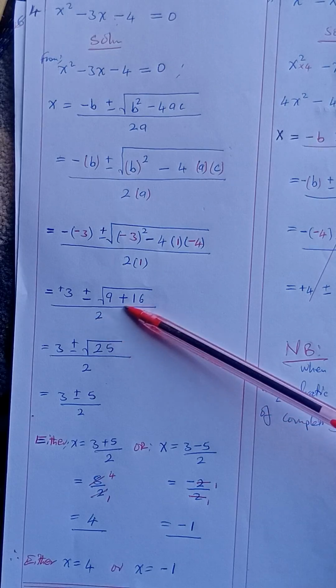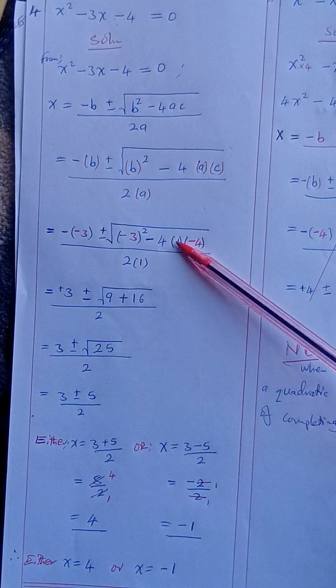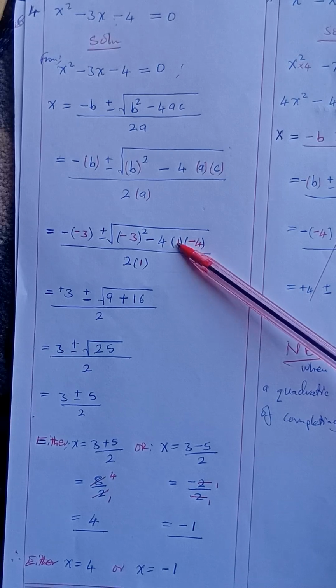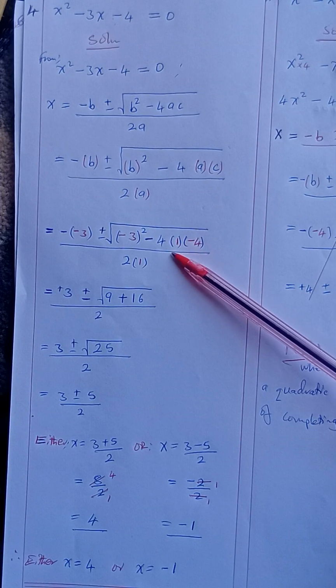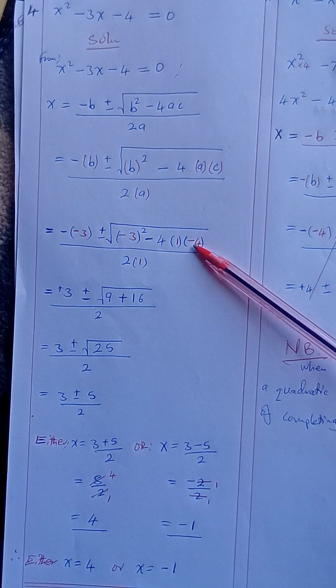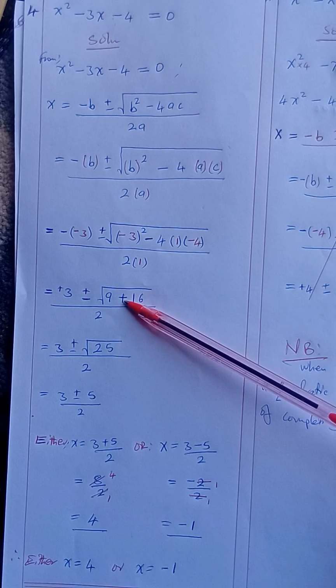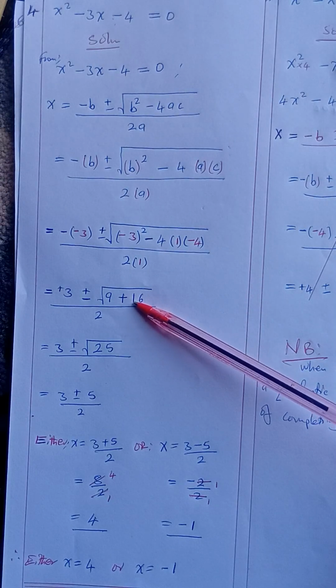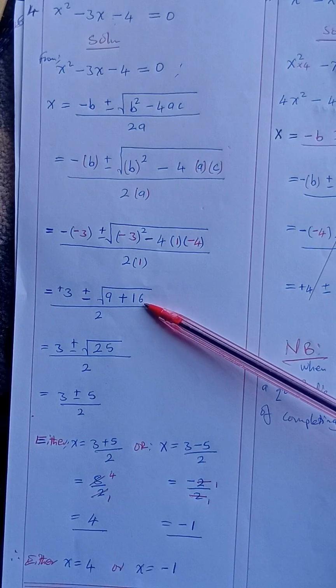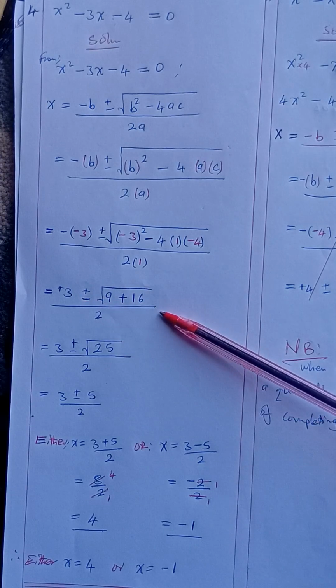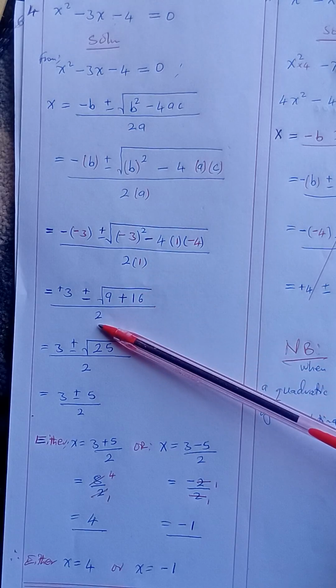So positive 9 plus all of this. Negative 4 times positive 1 is negative 4. Then negative 4 times negative 4, we get positive 16, because negative times negative, you get positive. Then everything out of 2 times 1, which is the same as 2.